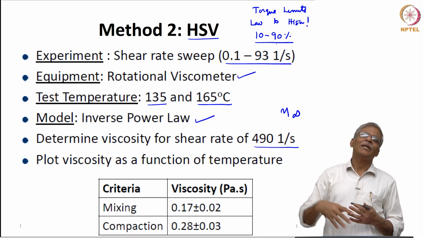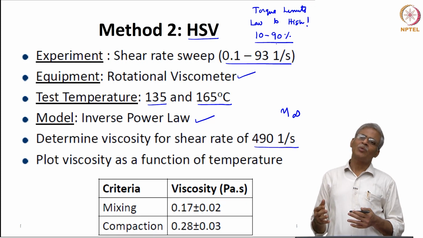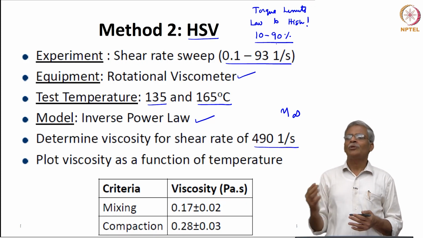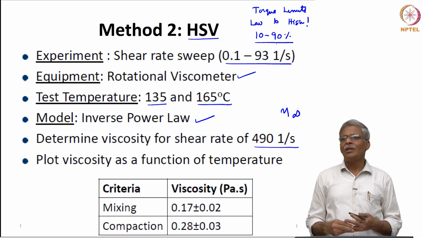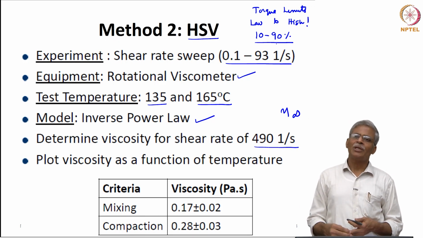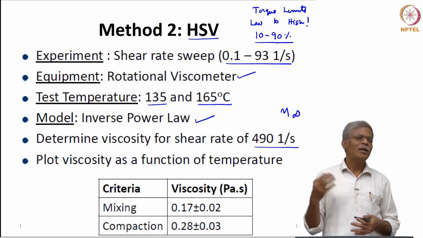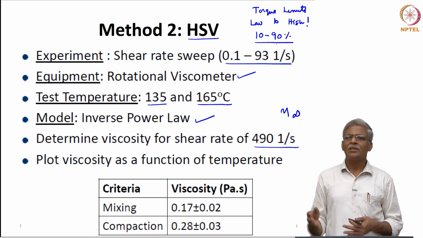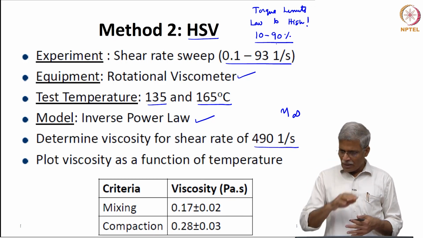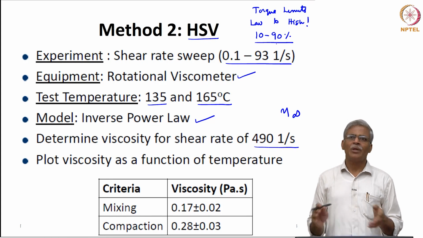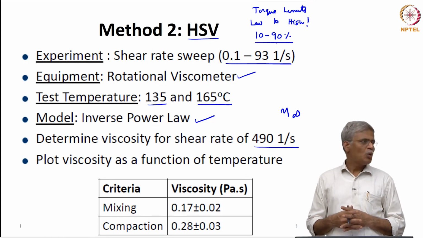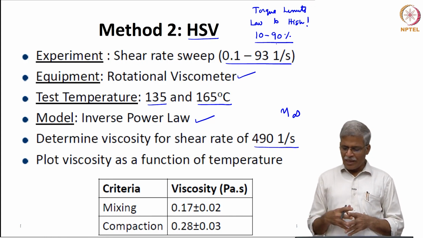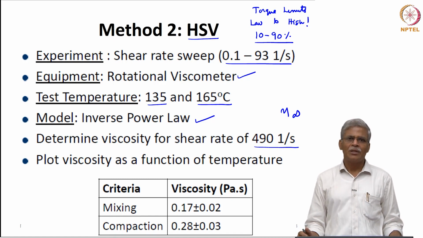Again we will not get into the details, because this has to do with measurement of the non-Newtonian response of the material using different measurement geometries and equipment, and that will take the discussion out of the focus of this particular talk, right. So, you have 10 to 90% as the torque range here.